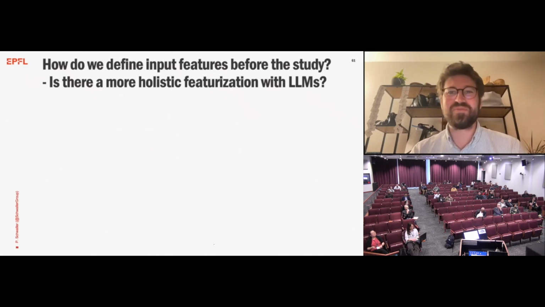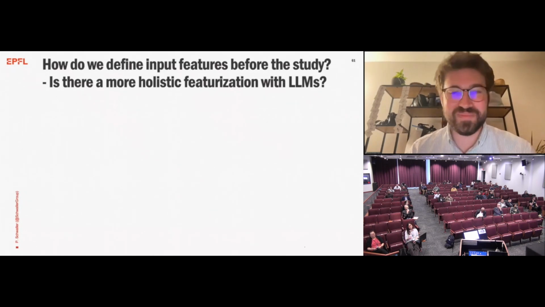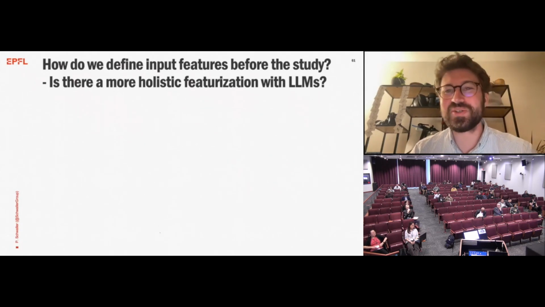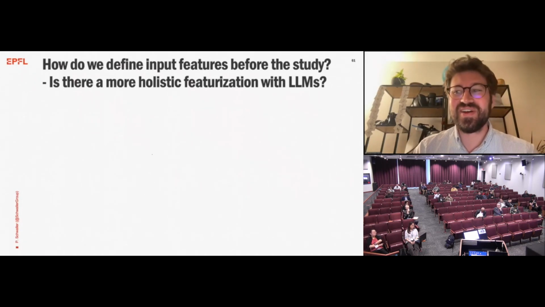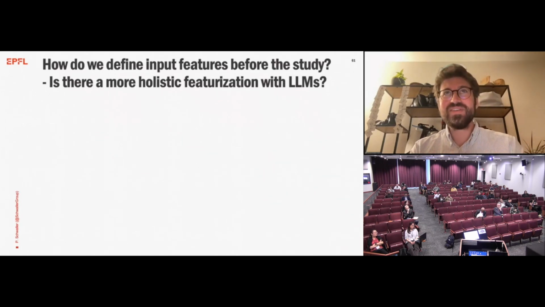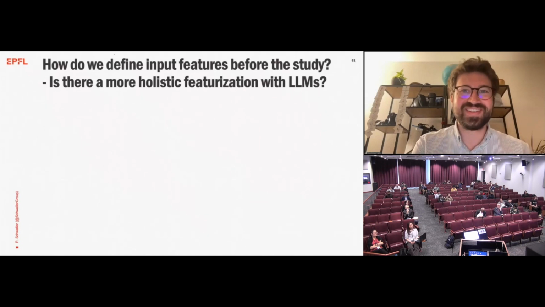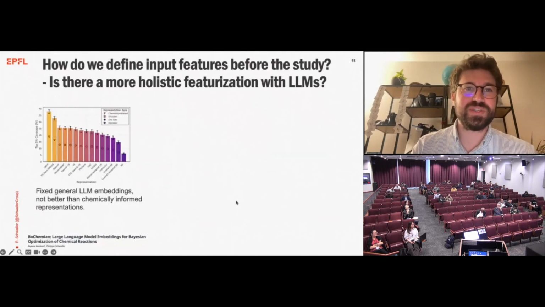Should we calculate some DFT descriptors on the ligands and the catalyst, or what should we do? And we always get stuck there because you already need a few data points if you want to validate the featurization and so on. So we thought, could we get to a more holistic featurization?